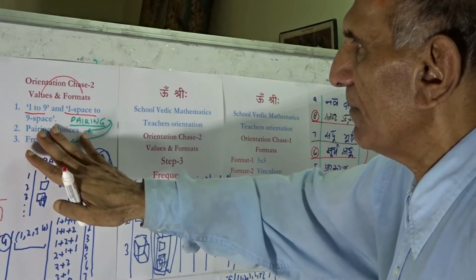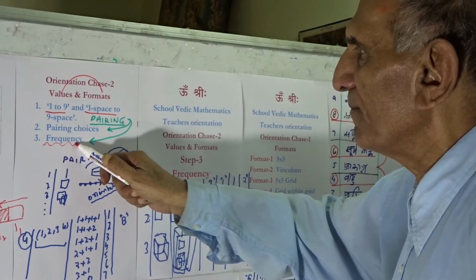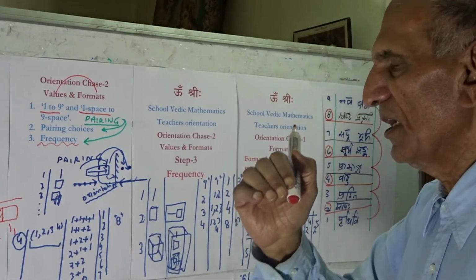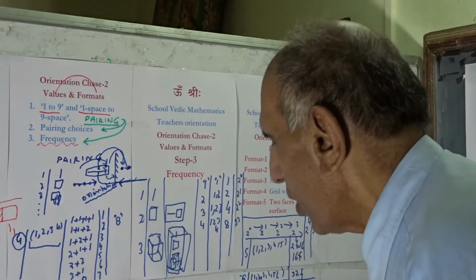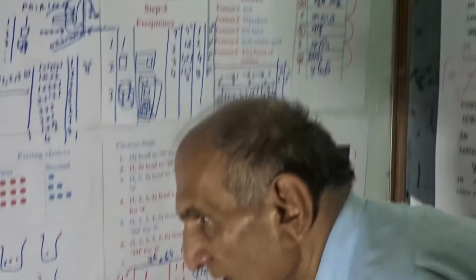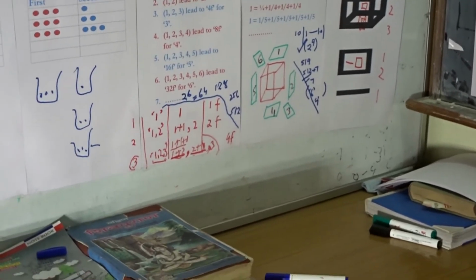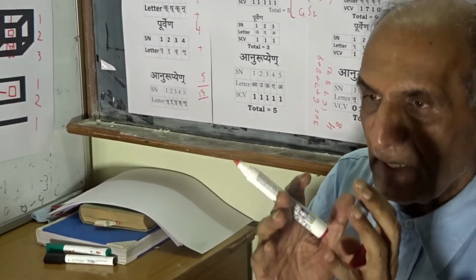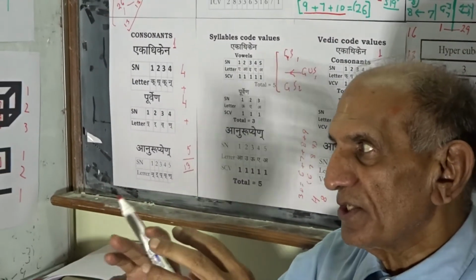So from the pairing choices, when we have to reach frequency, we have to absorb the feature of an object and a reflection image through a mirror reflection. We have to absorb the concept of opposite orientations.